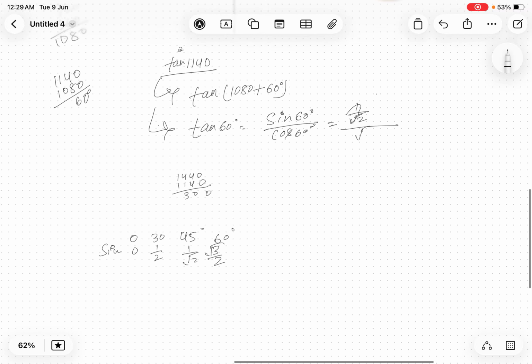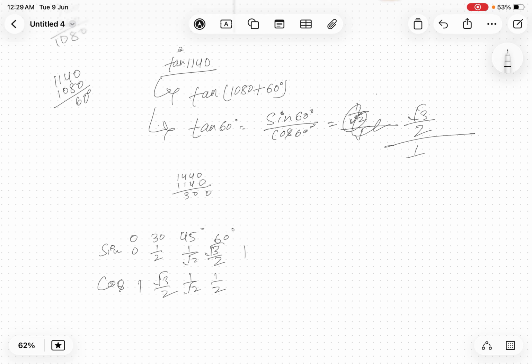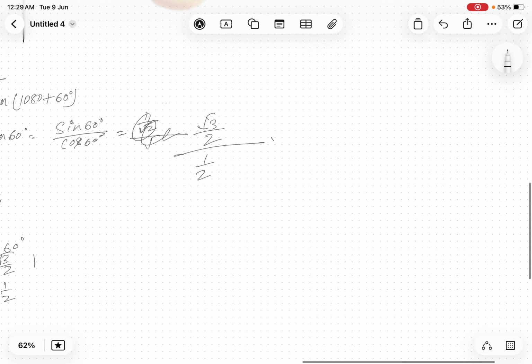So sine 60 degrees will be root 3 by 2, divided by cos 60 degrees. Cos goes 1, root 3 by 2, 1 by root 2, 1 by 2, so cos 60 will be 1 by 2.